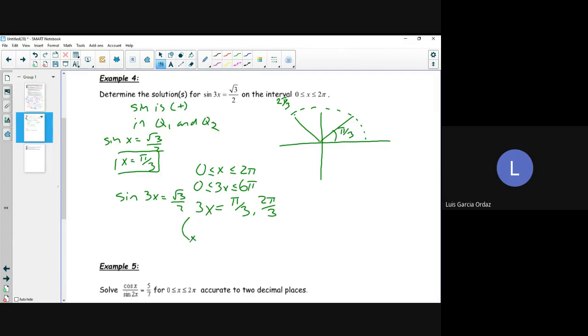But if we just want to get it down to x, what do we have to do? We're going to divide by 3, which means our x values are pi over 9 and 2 pi over 9.